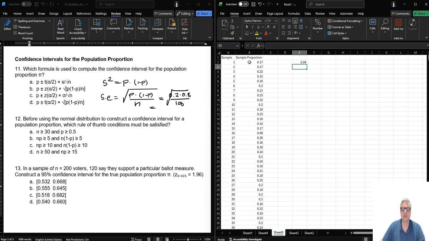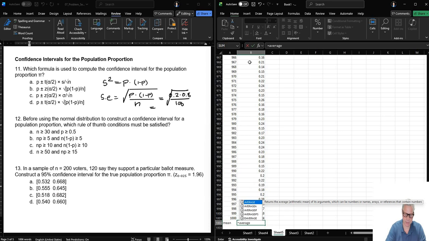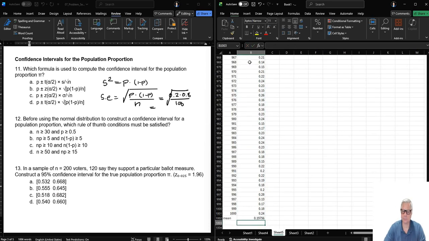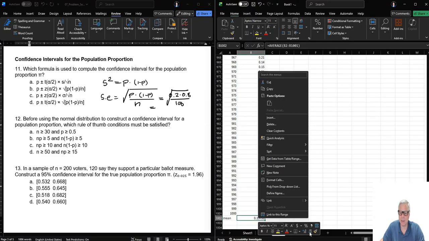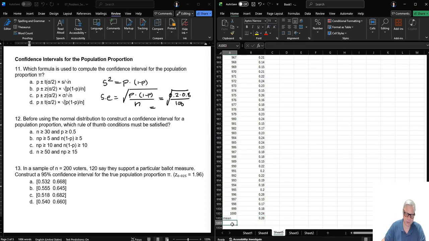And then I get 0.04. So now let's double check. First of all, I calculate the mean for the proportion, so that is equal to the average. So that is indeed close to 0.20.